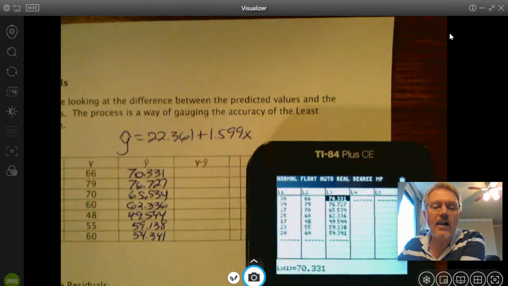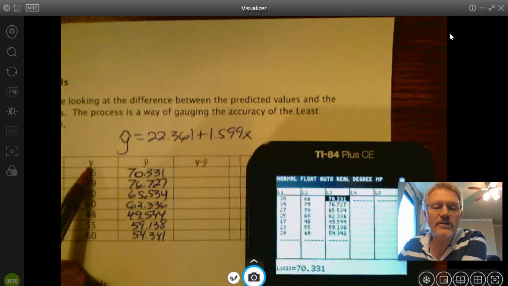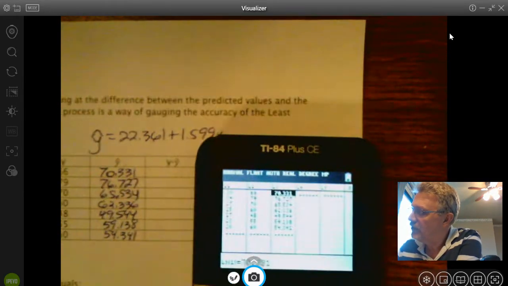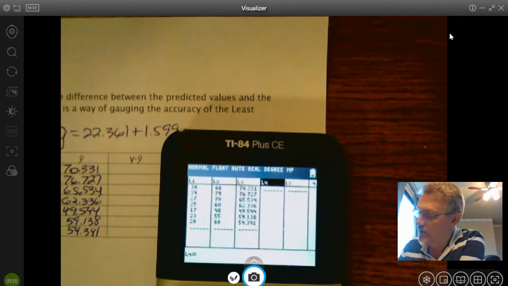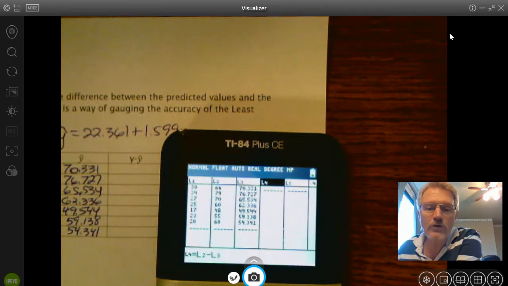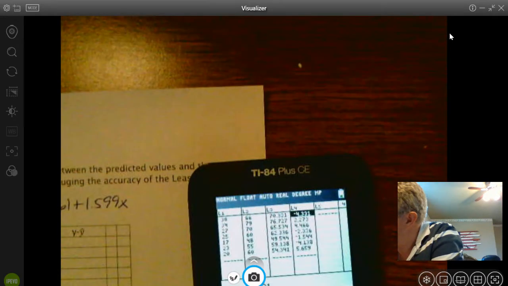Now the next column is y minus y hat. My y's are in list 2, my y hats are in list 3. So if I go to the next column, go up to the title, I'm going to do L2 minus L3, boom, there's all my differences.